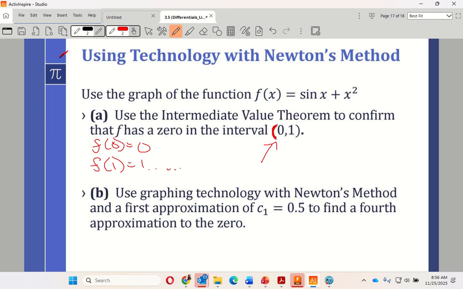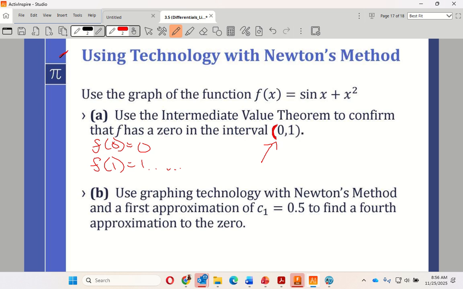What does a parenthesis mean in this sense? It does not include 0. So it's close to 0, but it does not include 0. So I can't really say yes or no.